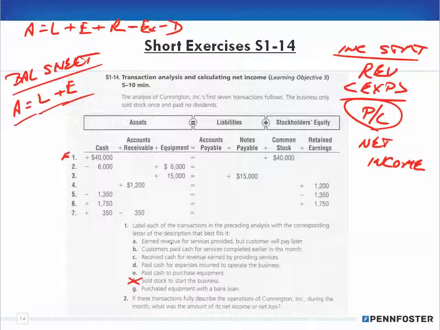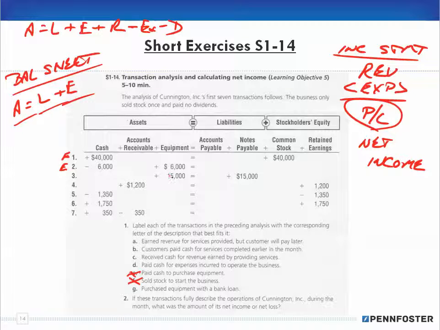So earned revenue, nope, because we're not dealing with revenue. Customer paid cash. Well, we are paying cash for services completed. Well, we're not performing services, we're buying equipment. We're receiving cash, no, because we're paying it out. Paid cash for expenses. Equipment is not an expense. E, paid cash to purchase equipment. So this would have to be E.